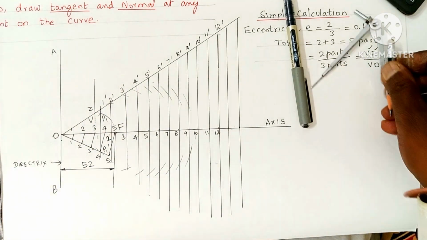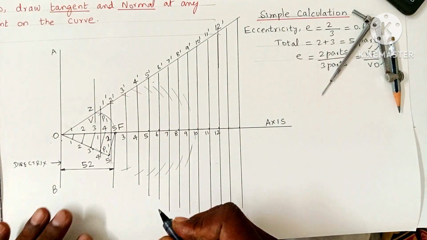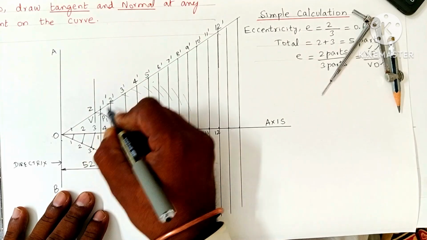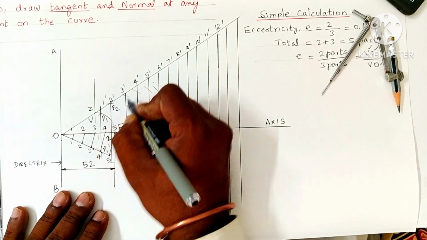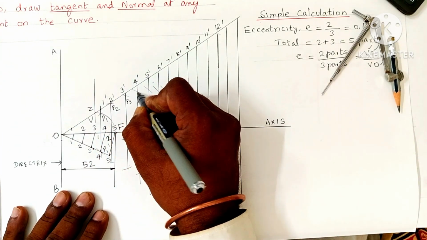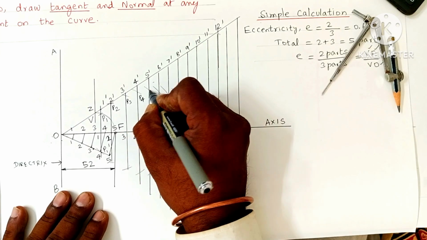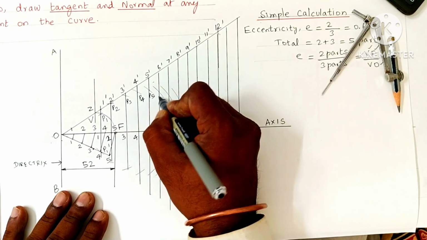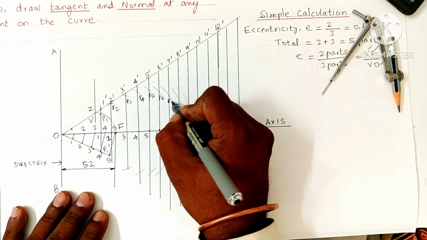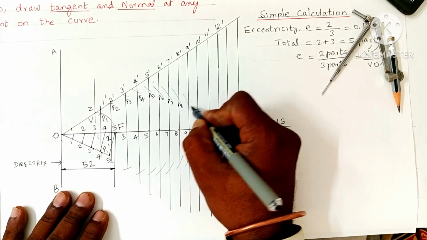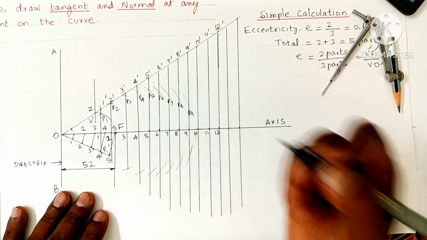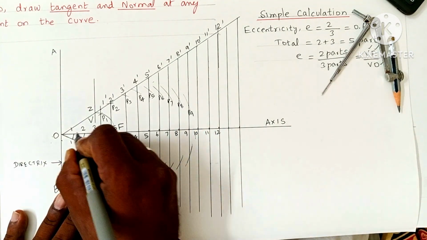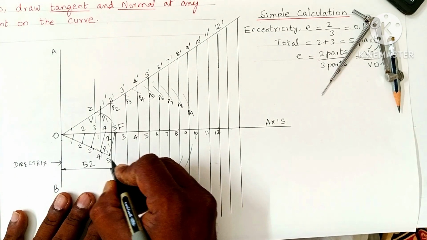So okay, let me give numbers to the points obtained. This is P suffix 1. This will be P suffix 2, P3, P4, P5, P6, P7, P8, P9. Similarly, below the axis also you give names to the points obtained.